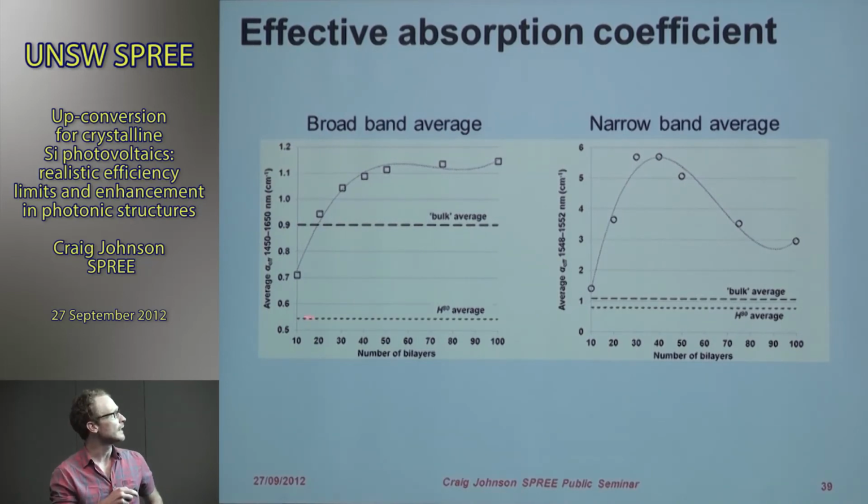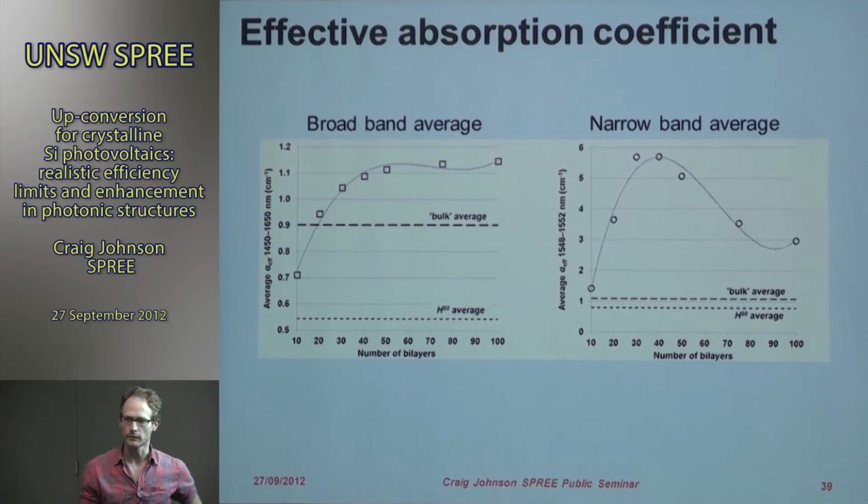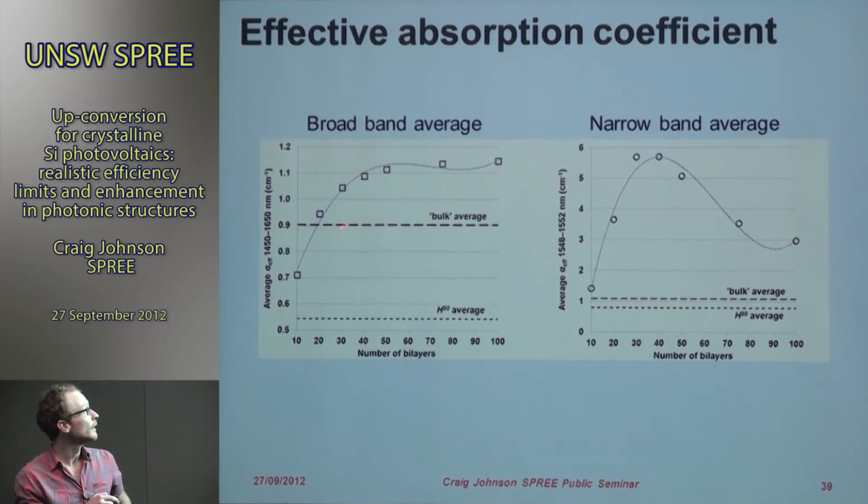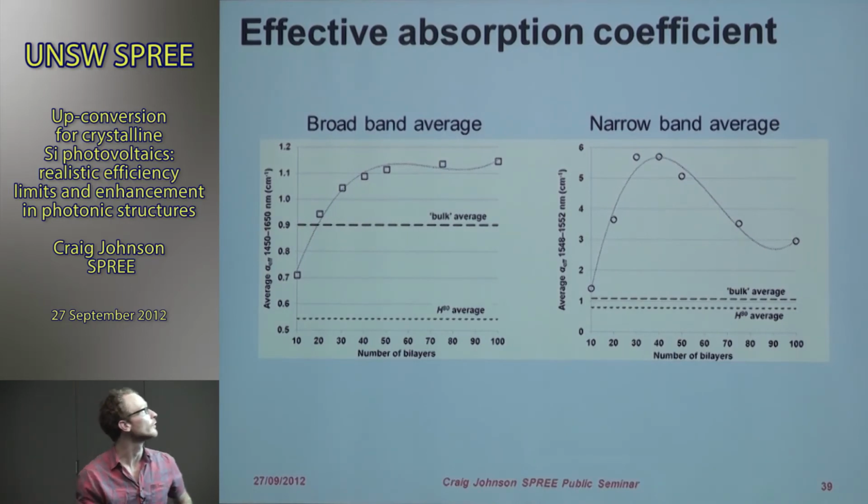So you can see that at 10 bilayers we have not much interesting to report, but as soon as you get to 20 and above, the effective absorption coefficient goes above the bulk value, which is quite interesting. Again, this discounts the fact that you could have a thick layer. As you go to a huge number of bilayers, 100, you can see that there's a saturation. So it's just as useful to make a 40 bilayer structure as a 100 bilayer structure.